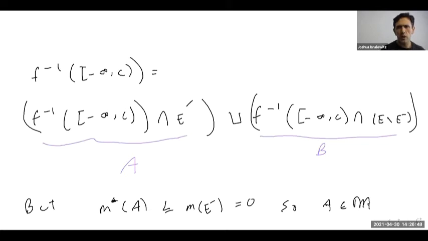So the point here is we can assume that we're dealing with just points where Fn converges to F. Fn of x converges to f of x.